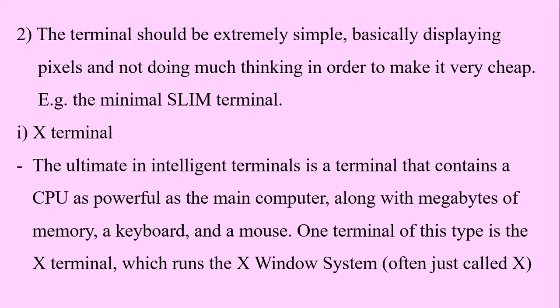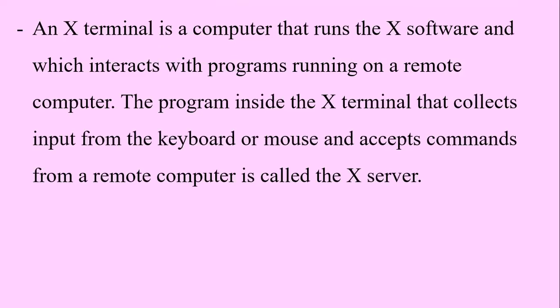One terminal of this type is the X terminal, which runs the X window system that is often just called X. An X terminal is a computer that runs the X software and which interacts with the programs running on a remote computer. The program inside the X terminal that collects input from the keyboard or a mouse and accepts commands from a remote computer is called the X server.